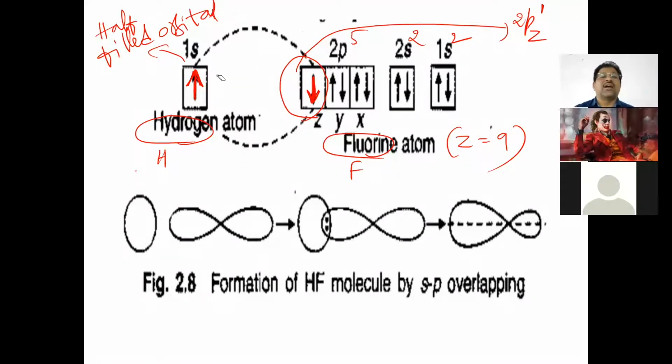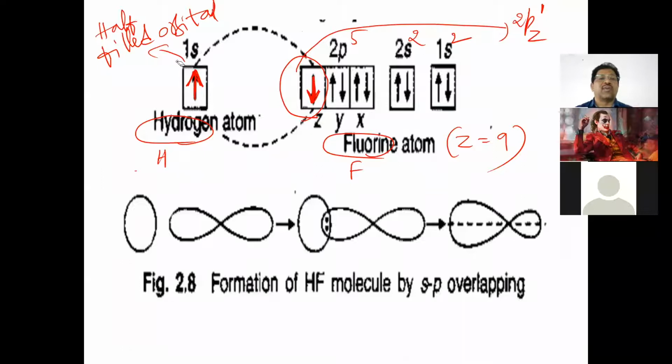Only half-filled orbitals, and only those from the valence shell. Next, the two half-filled orbitals must have electrons with opposite spin. Now see here, in the hydrogen atom and fluorine atom, the two electrons are oppositely spinning.